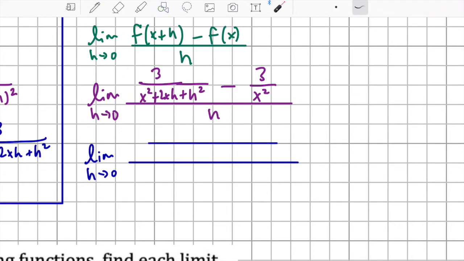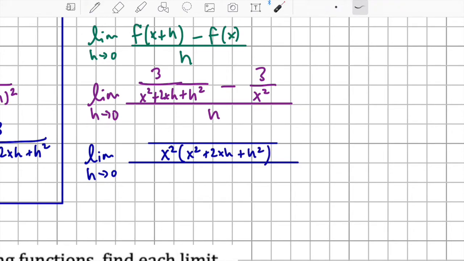And the common denominator, just like I taught you, it's going to be this denominator times this denominator. But don't distribute, just leave it in parentheses. So I'm going to put x squared first, then parentheses, x squared plus 2xh plus h squared.